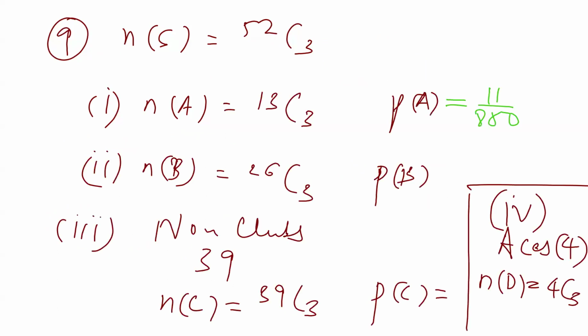Now what we will do is calculate P of A dash, that is 1 minus P of A. So that will be 839 upon 850.